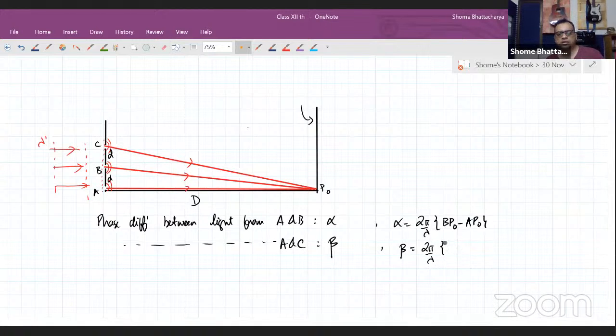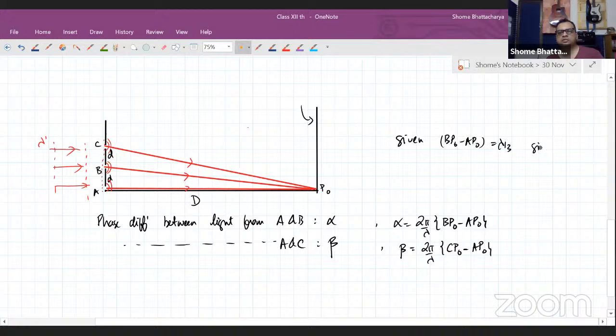You can also consider B and C, but I have considered A and C because I'm going to go with the phasor diagram method. So that will be more important for me. Now remember, it was given to me that Bp naught minus Ap naught was lambda by 3. This was given.